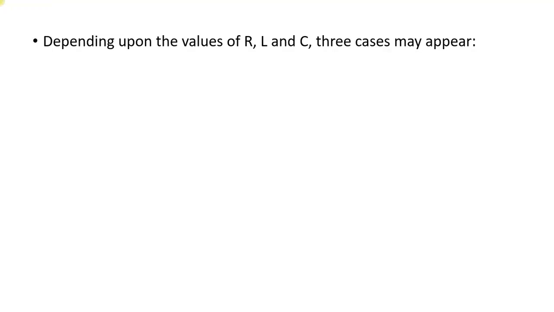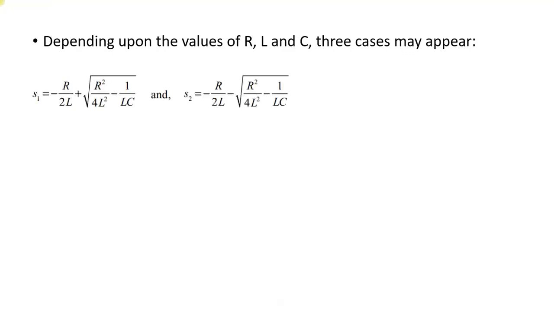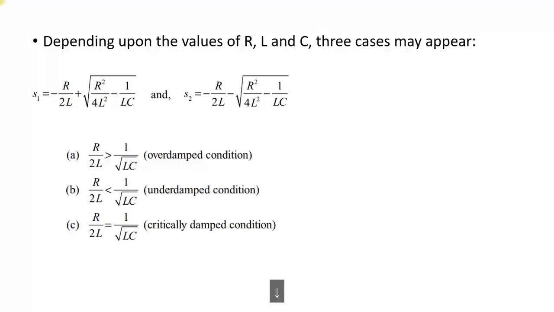From this equation, there are three terms present: R, L, C. Depending upon the values of these three, it may be divided into three categories. It may be an over damped condition, or an under damped condition, or a critically damped condition.